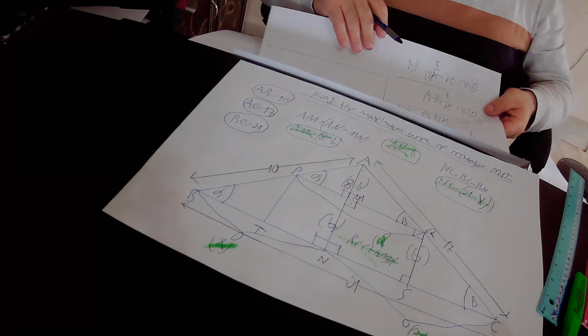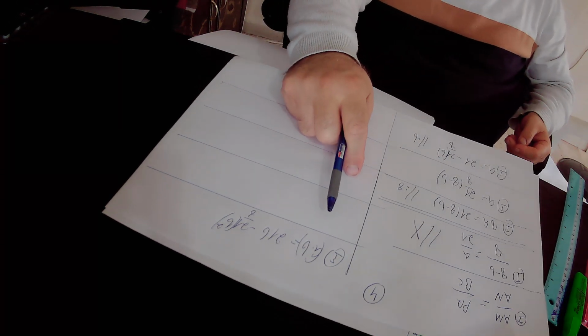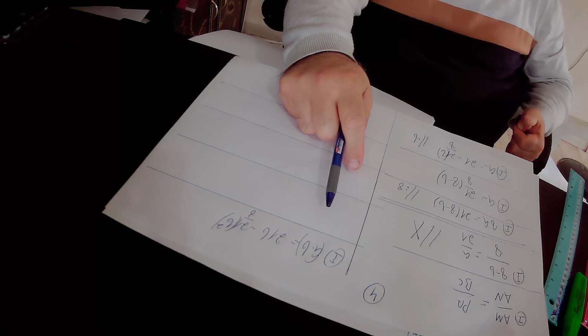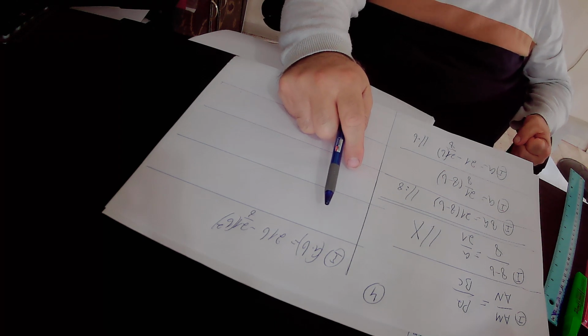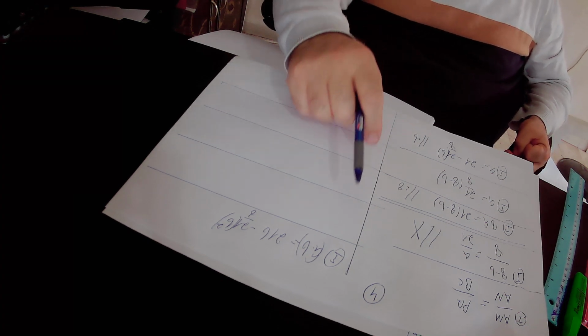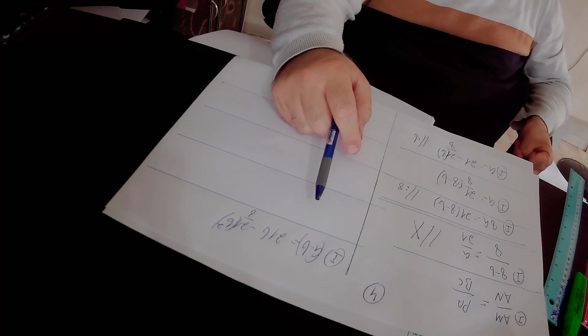So in order to find out the maximum value of A times B in this equation, we have to differentiate this function area and equate its derivative to 0.